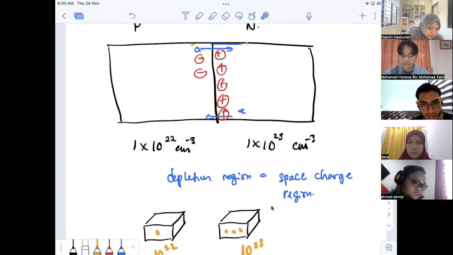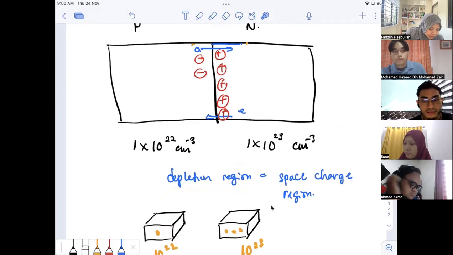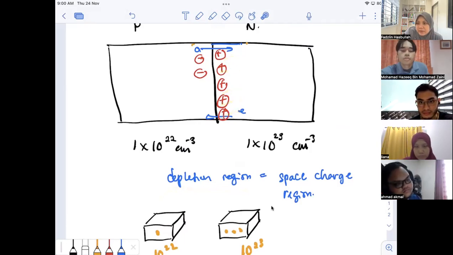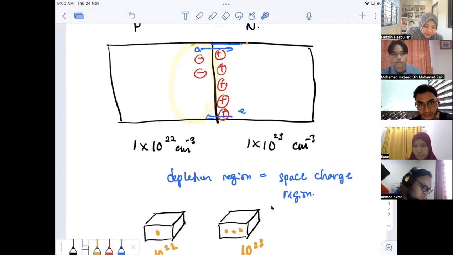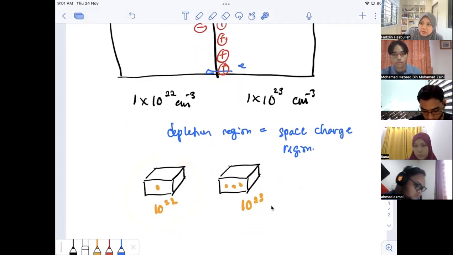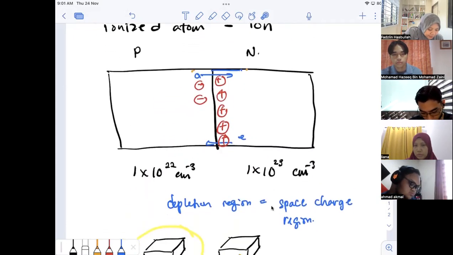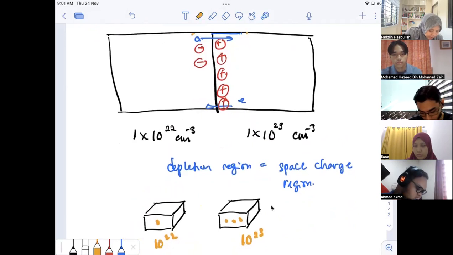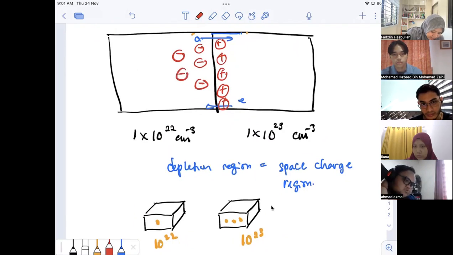So if we lose here 1, 2, 3, 4, 5, say 5 electrons, it means here there must be 5 negatively charged ions on the P side too. But because at P the concentration is less, therefore the depletion region will be bigger. So 1, 2, 3, 4, 5. So the depletion region becomes like this.